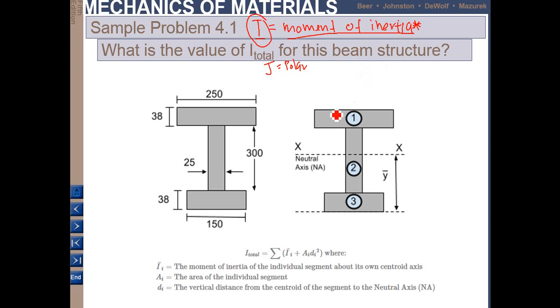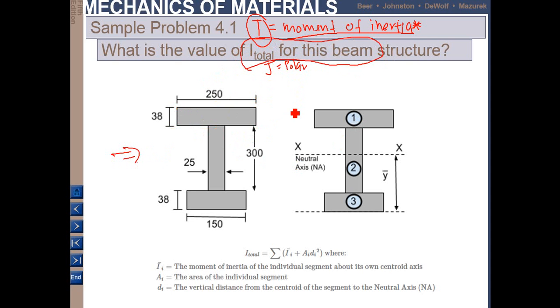Okay. So for this structure, which consists of this beam, calculate the value of I, the moment of inertia I total for this beam. So what is the I total for this structure?